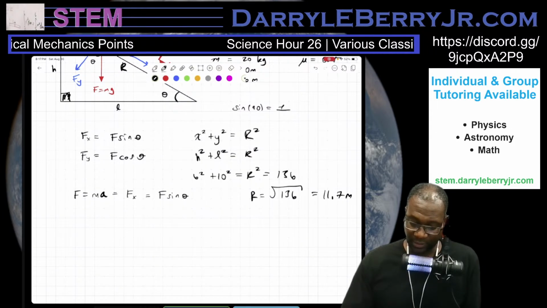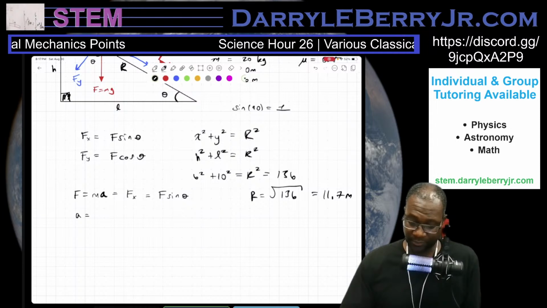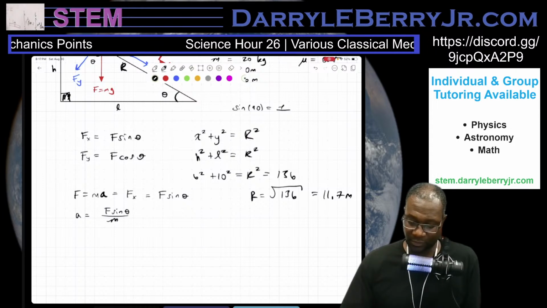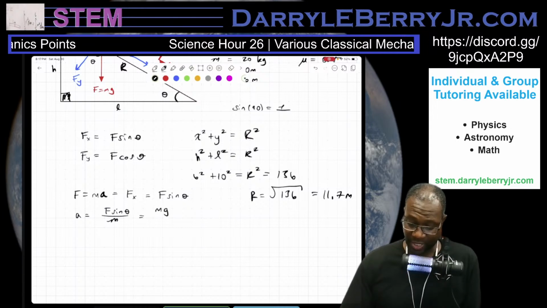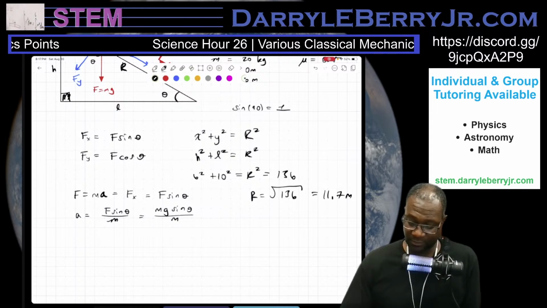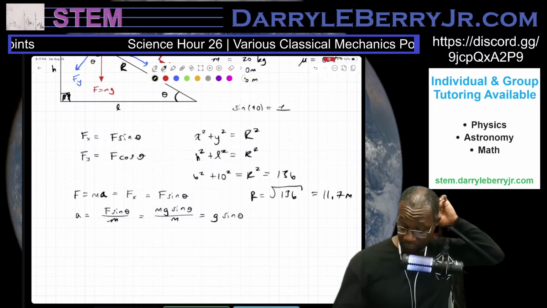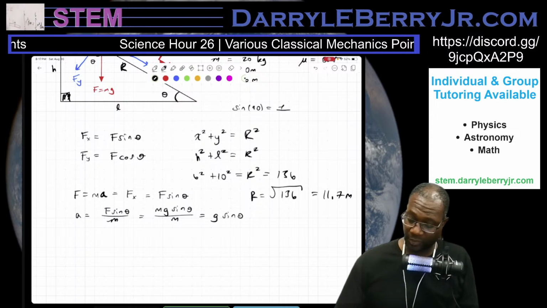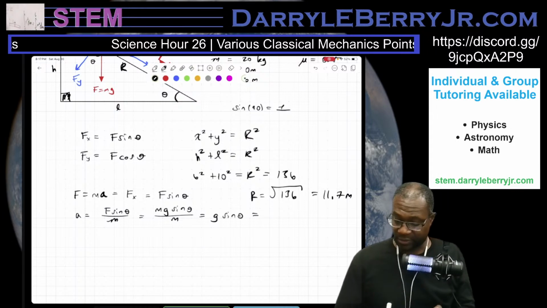So that means that the acceleration down the ramp is going to be F sine theta divided by the mass, which is going to be the mass times gravity sine theta divided by the mass. So it's going to be gravity sine theta meters per second squared. So that works. So let's see what this is.